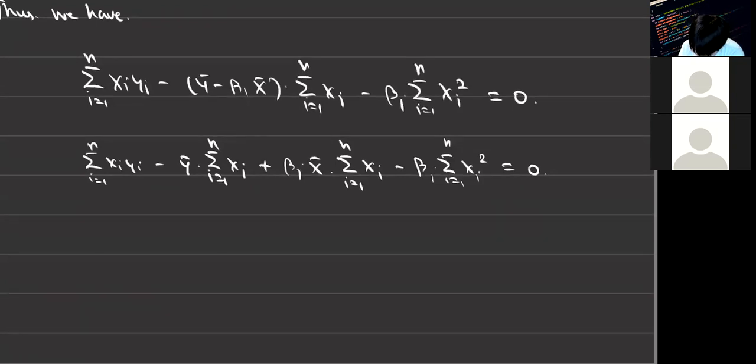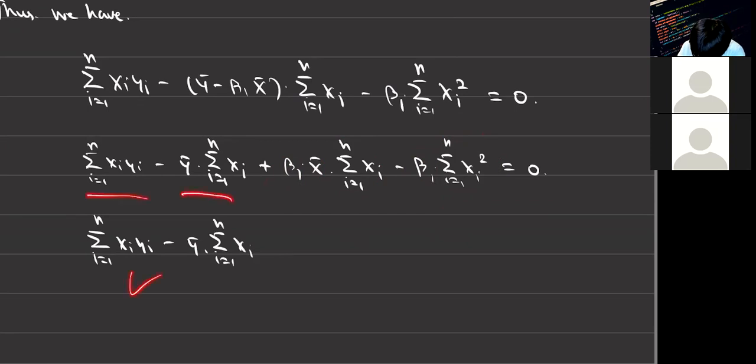Right. So now, after we do this, you realize that there's a beta 1 here. There's not beta 1 here. And that's it. So we can essentially factor this one out and put these two things in the parentheses. All right. So let's try that. Summation i from 1 to n xi yi minus y bar summation i from 1 to n xi. Well, these two terms don't change, right? So let's copy that down.